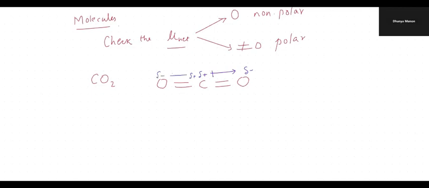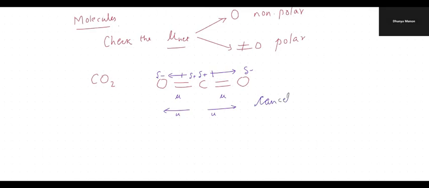On both sides, we have dipole moment. But if the dipole moments are in the opposite direction, they cancel each other. They cancel here because they are in the opposite direction. The net result is that they cancel.